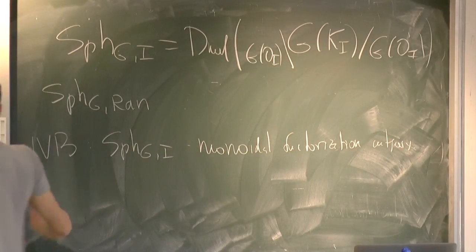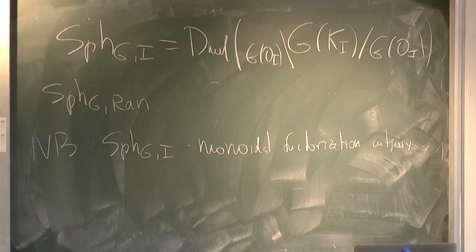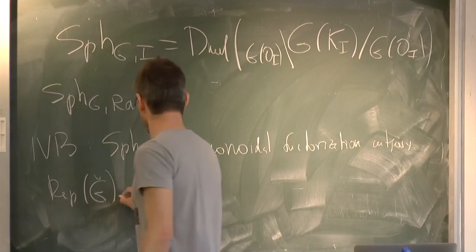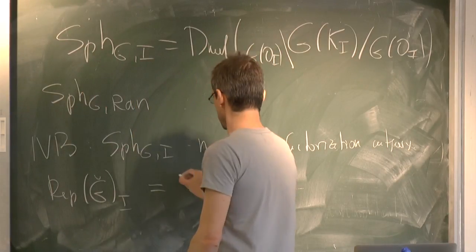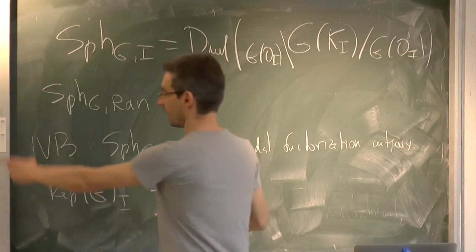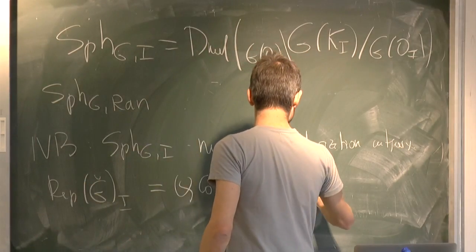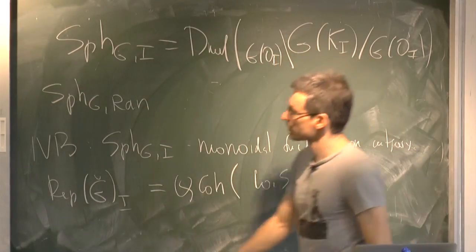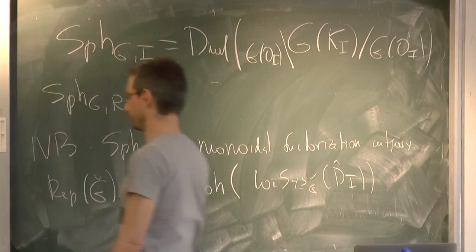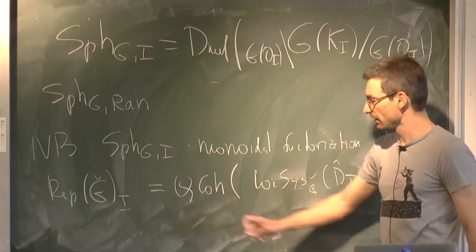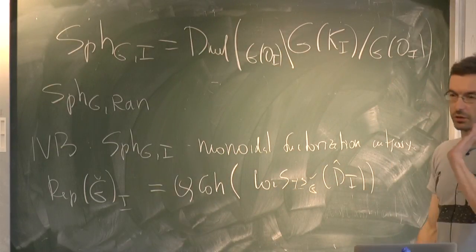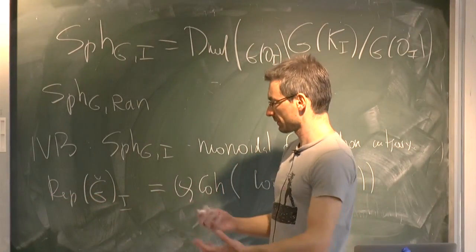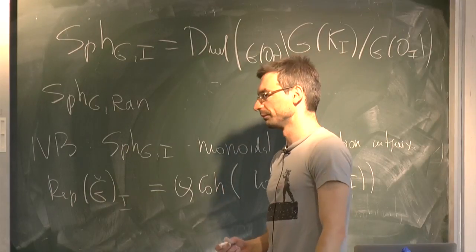And we also get this category Rep G check I, which is quasi-coherent sheaves on log-sys. If you use this factorization pre-stack and take local quasi-coherent sheaves on that, that's our definition, just according to Sam, of the factorization category that corresponds to representations of the group.